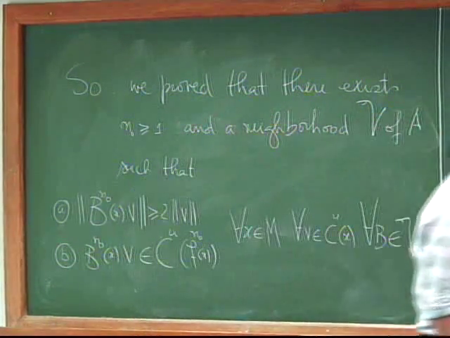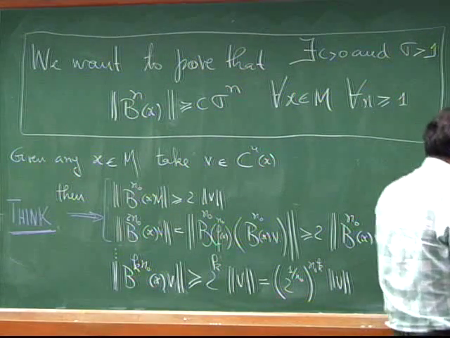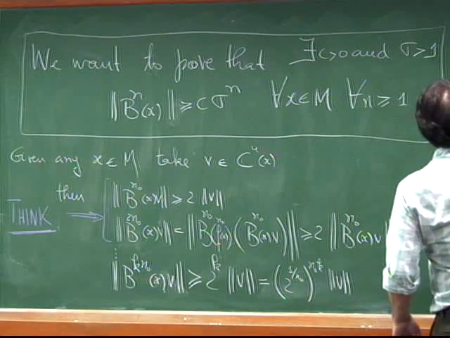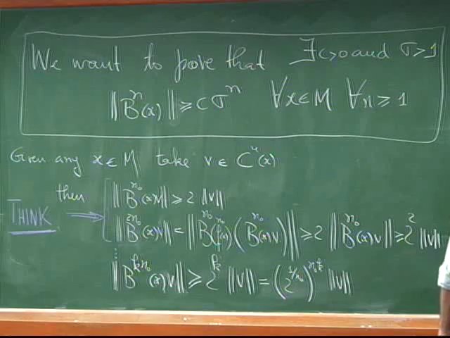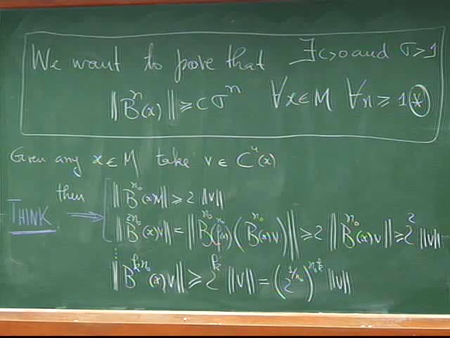Okay, so this proves the claim, for n of the form kn0, for multiples of n0, with sigma being 2 to the 1 over n0.